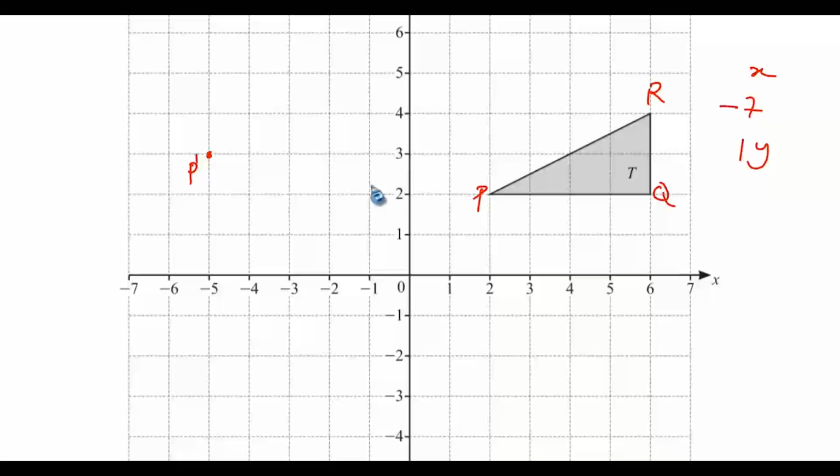So let's go up once. So point Q prime will be here. Then finally, we need to do the same thing for point R. 1, 2, 3, 4, 5, 6, 7. Then let's count 1 up, 1. So point R prime will be here.